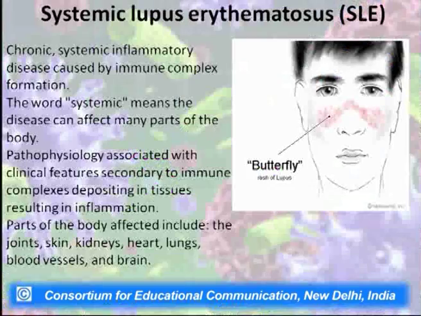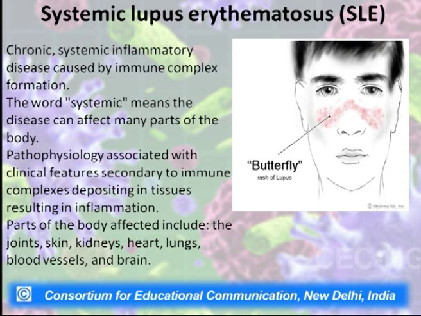Now what happens in systemic lupus erythematosus, as I just told you previously, if you have to diagnose SLE, there is a butterfly rash which forms in lupus. It is a chronic systemic inflammatory disease, caused because of immune complex formation which is getting deposited at various places. The word systemic means that the disease is affecting many parts of the body.